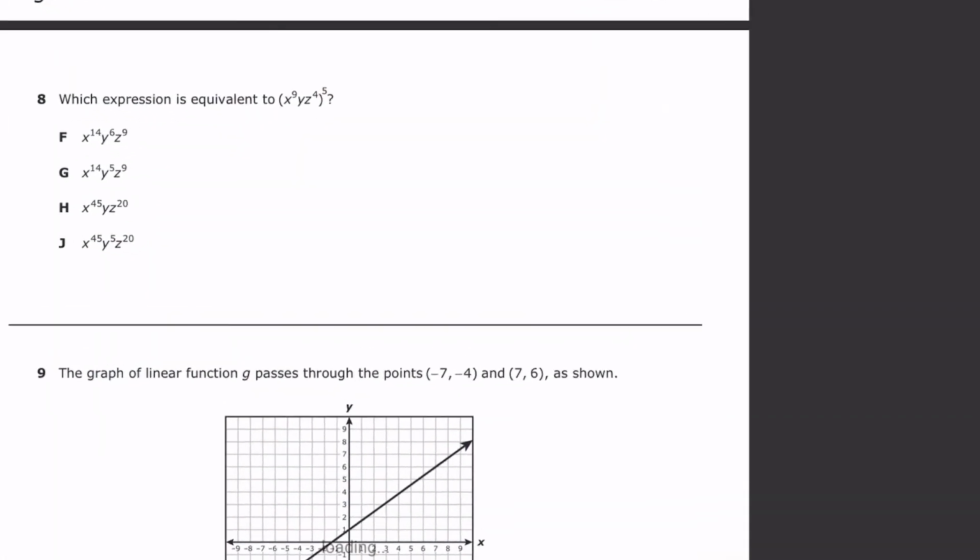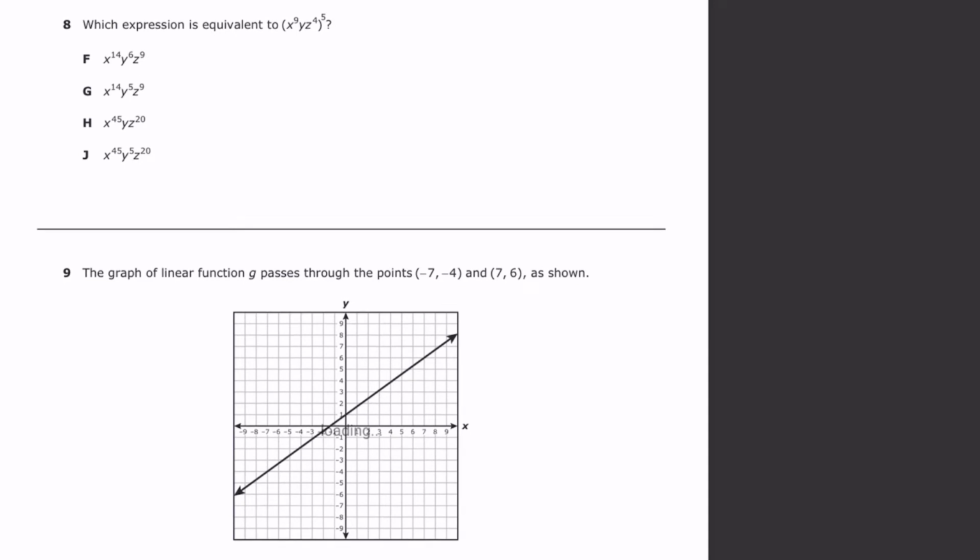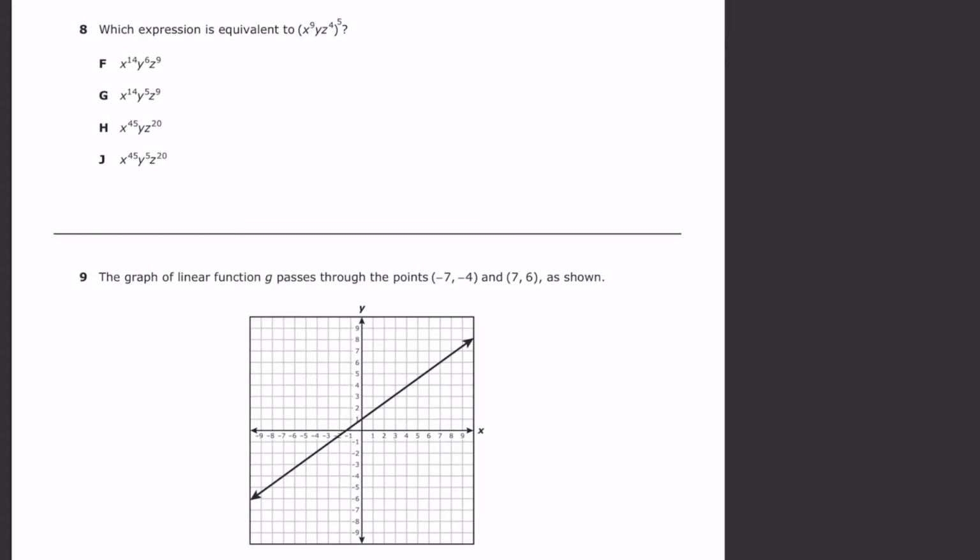Eighth one, which expression is equivalent to x to the power of 9 into y into z to the power of 4, whole to the power of 5. Now going into properties of exponents, you have the power of a power property, which is a to the power of m, whole to the power of n, is equal to a to the power of mn.